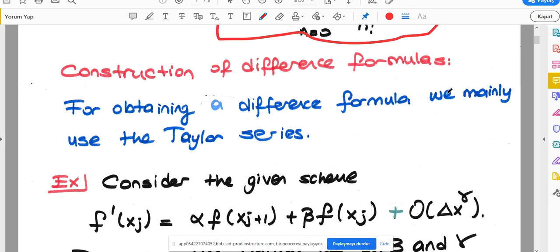So let us see the construction of difference formulas. Guys, let me emphasize one more time why they are so important for engineering. In engineering, generally we define our phenomena by using the mathematical language. These models correspond to differential equations.